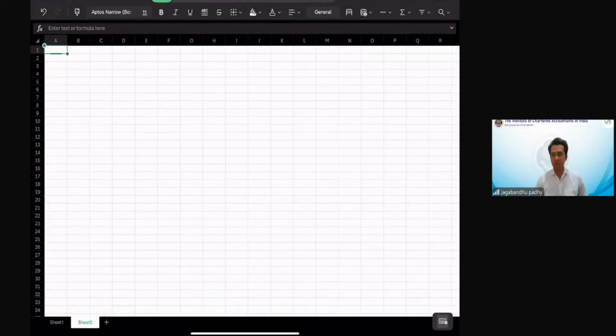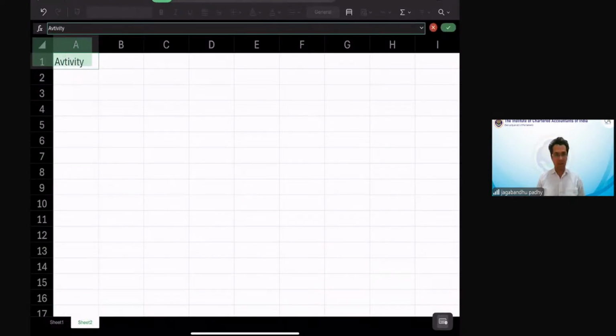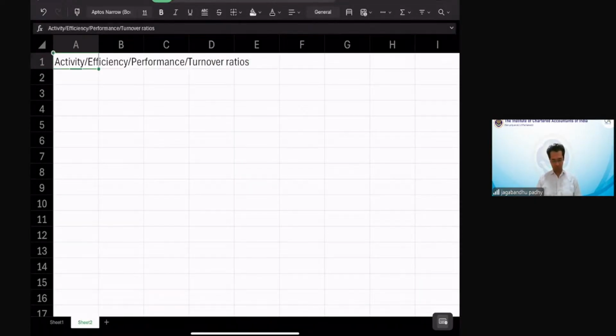Okay, then let's go for the next set of ratios, which are also called activity, efficiency, or performance, or also said to be turnover ratios, right?